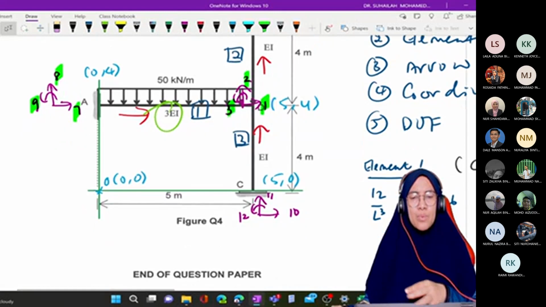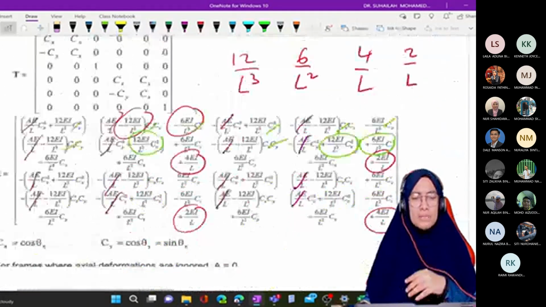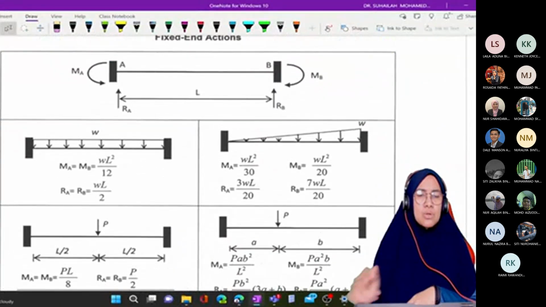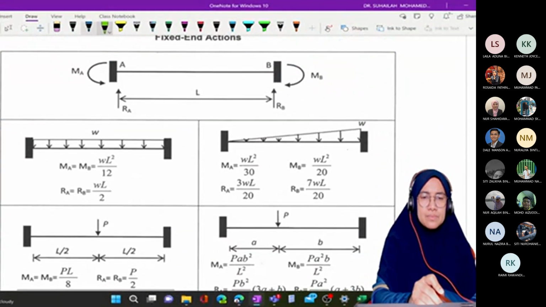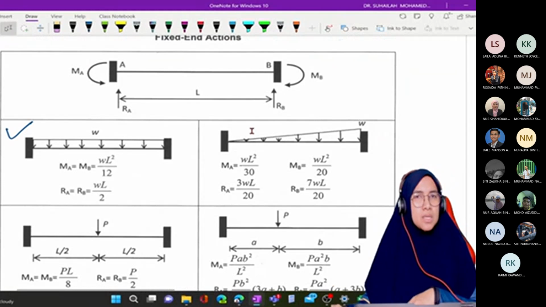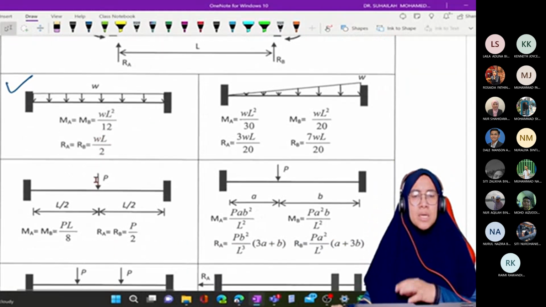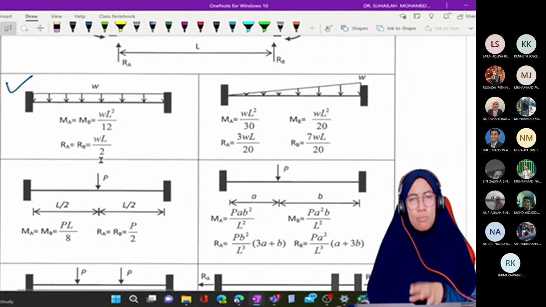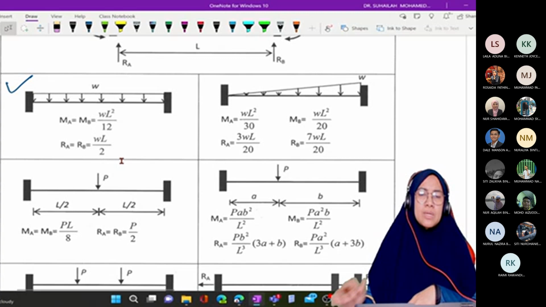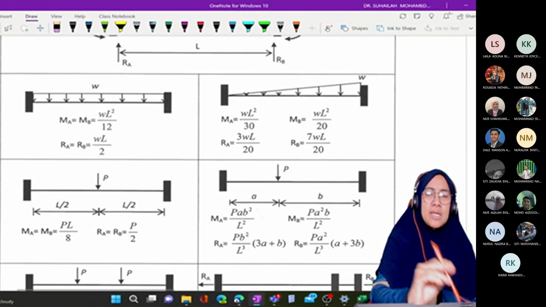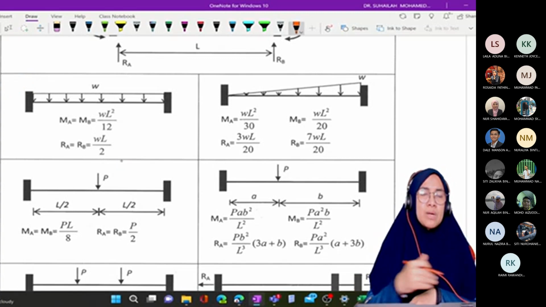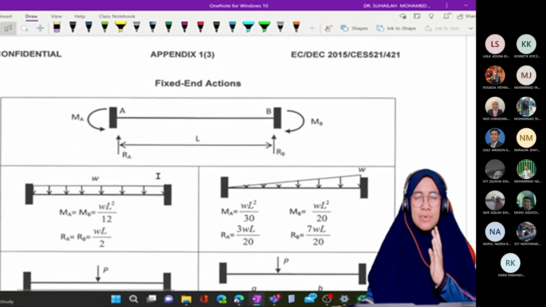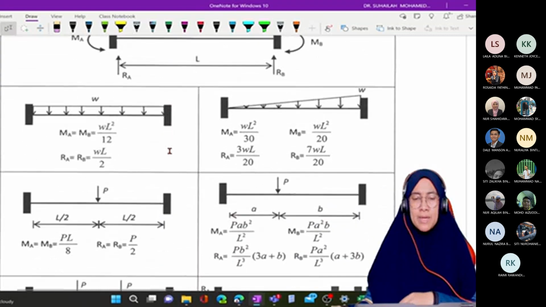Okay, so for this one we have to refer to appendix page number 3. Appendix page number 3, so it will be this one. Okay, so simple formula, it is equal to fixed end moment. The fixed end moment is behavior. But now we have to consider the vertical reaction as well, not only moment.